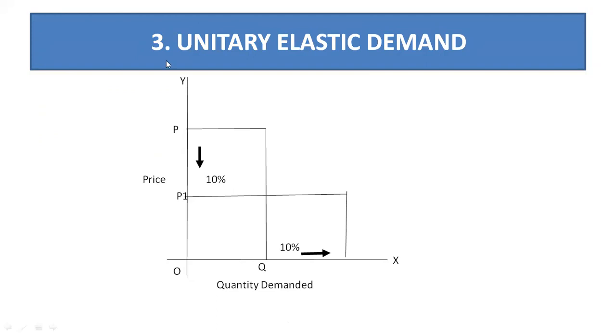Now join these 2 points, draw a downward sloping demand curve here, and term it as DD. So what we can see is that an exact equal proportionate change in price brings an exact equal proportionate or percentage change in quantity demanded. This is known as unitary elastic demand.